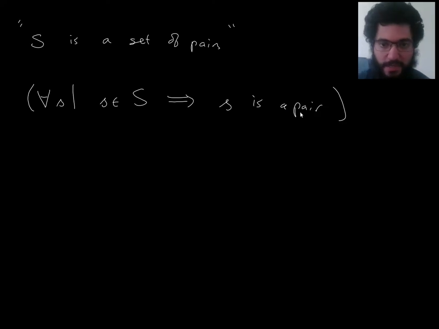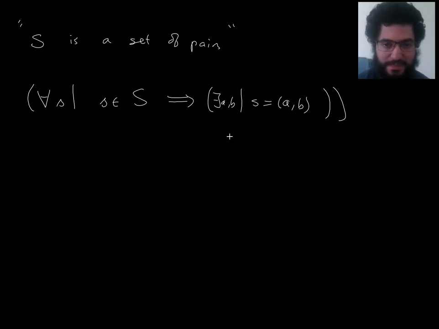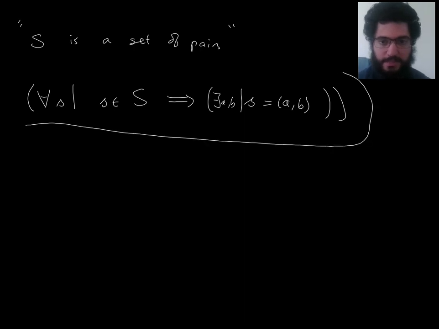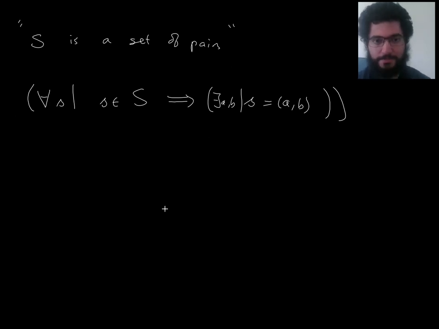So S is a pair is expanded like this: there exist A, B such that S equals the pair AB. Sorry, I should make my capital and lowercase s's look very distinct. My lowercase s is a little bit cursive looking. So this statement here is what it means to say a capital S is a set of pairs: every element is a pair.